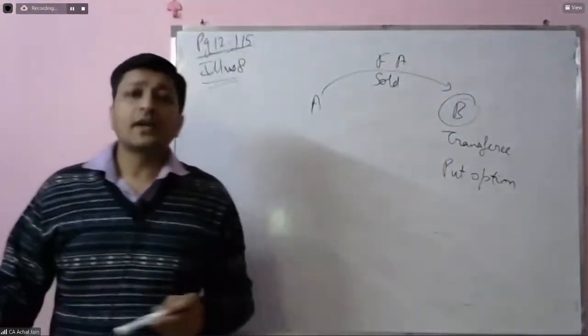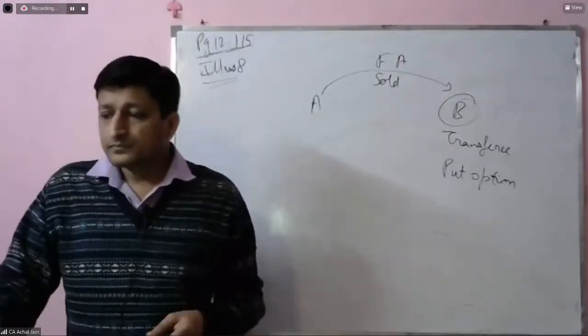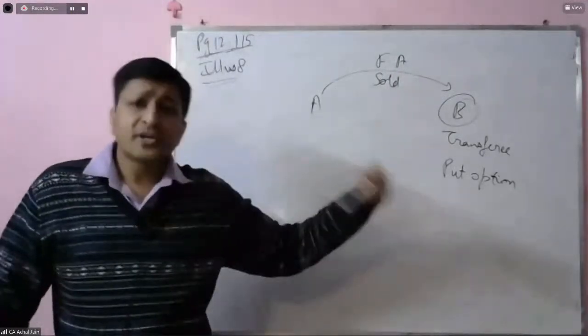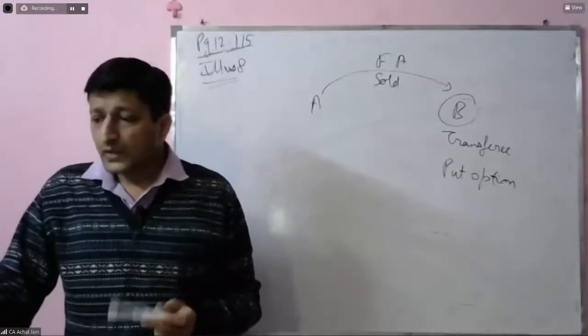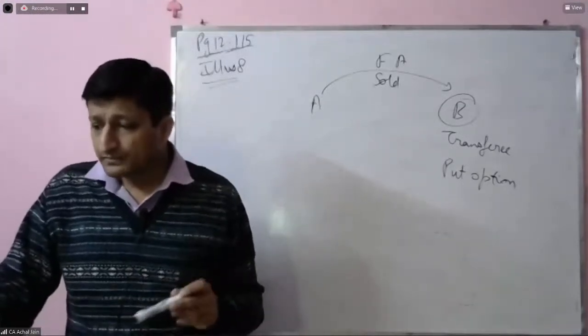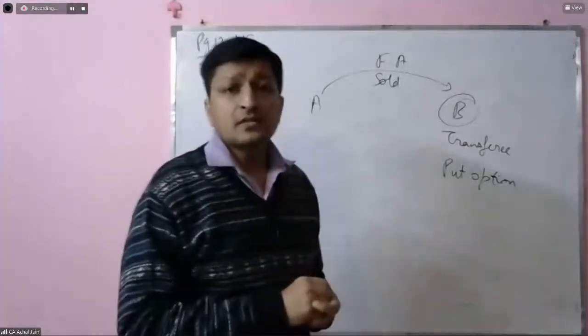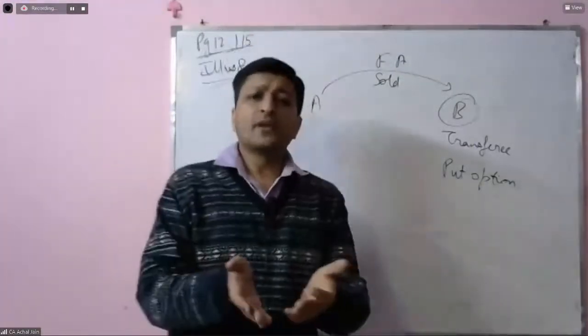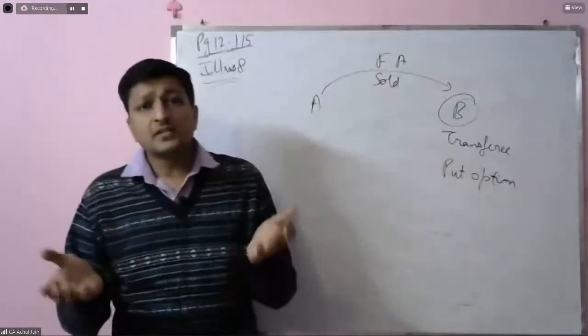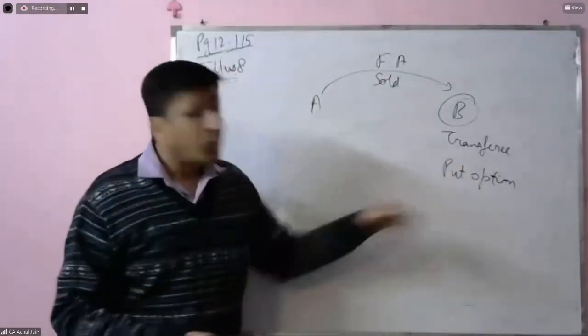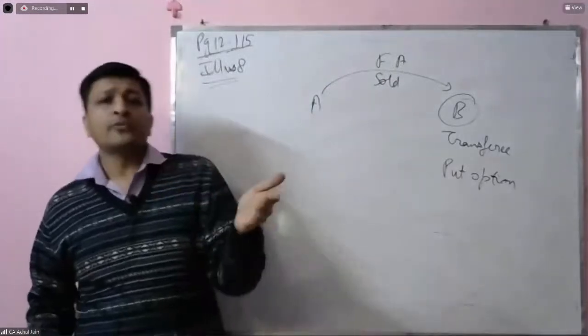Let's look at some alternate scenarios. This put option is deeply out of the money. This put option is deeply in the money. Out of the money, in the money, you remember we discussed? In the money means favorable. Deeply means it's significantly favorable. Out of the money means not favorable.